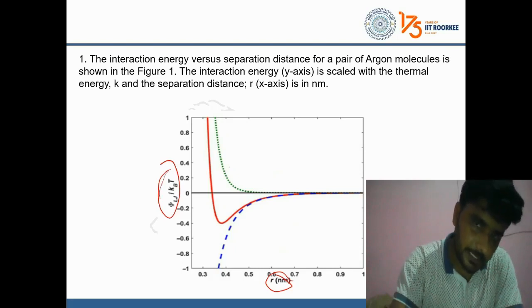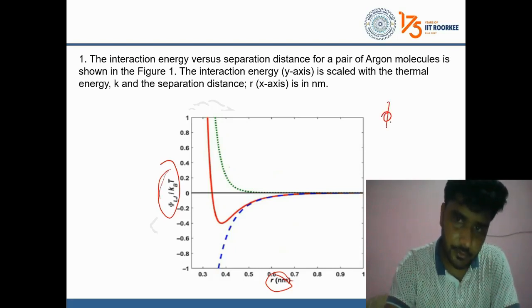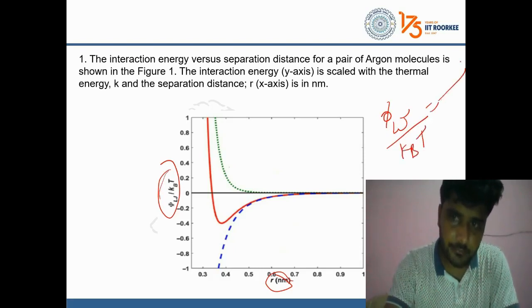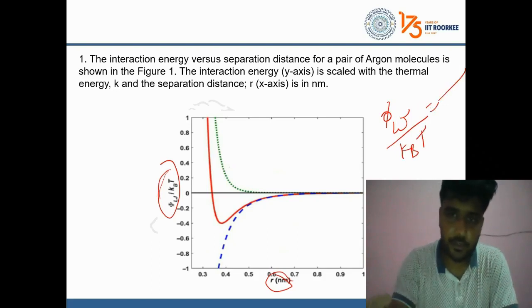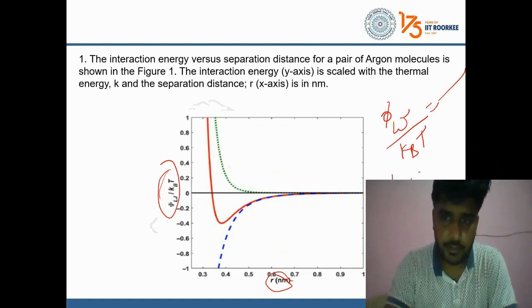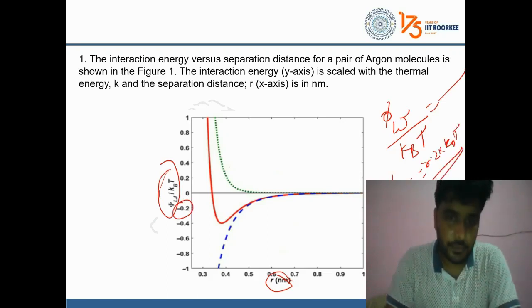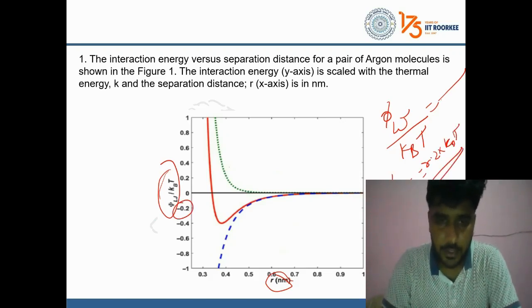The interaction energy is shown as the Lennard-Jones potential divided by kBT, and the values on the y-axis are, let's say, 0.2 multiplied by kBT. These are the other terms.